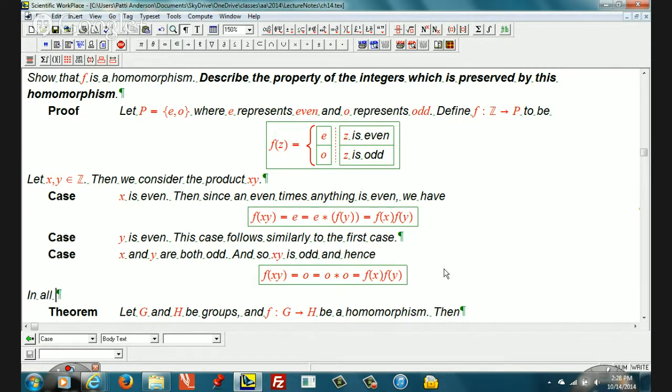In all three cases, two of them are kind of doublets, we see that f of xy is equal to f of x, f of y.